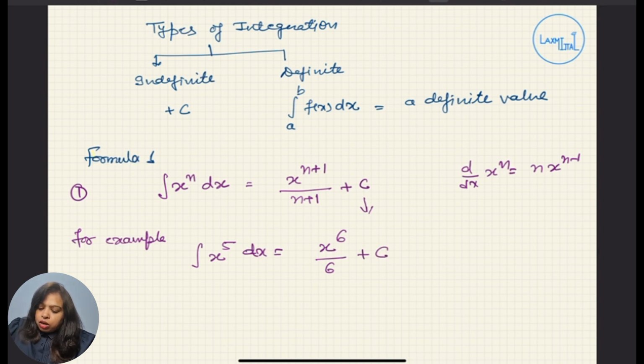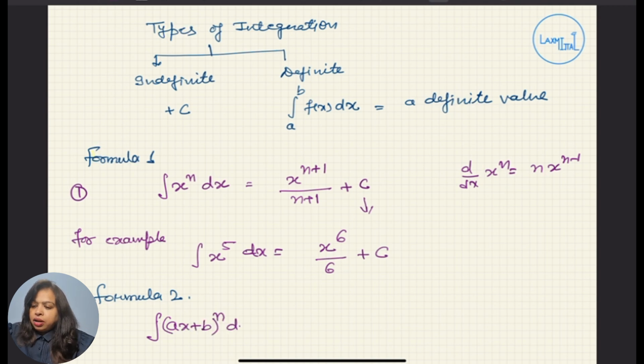Okay. Now rule number 2. What is rule number 2? Formula 2 is integration of ax plus b raised to the power n dx. Like if I am changing this x with any linear function f, then what will be the integration?